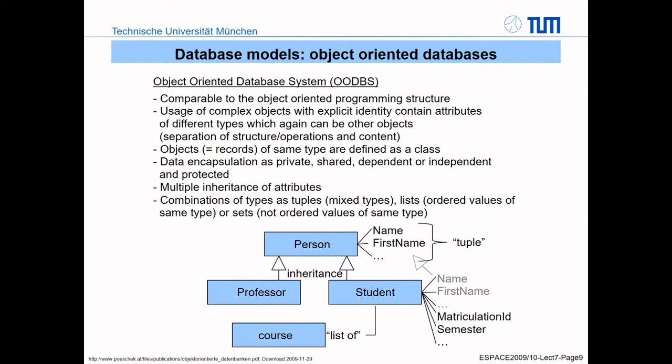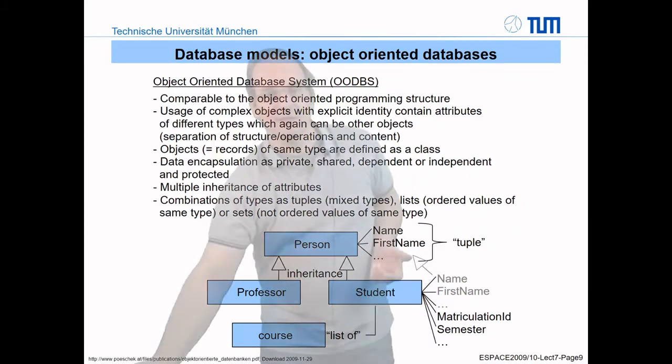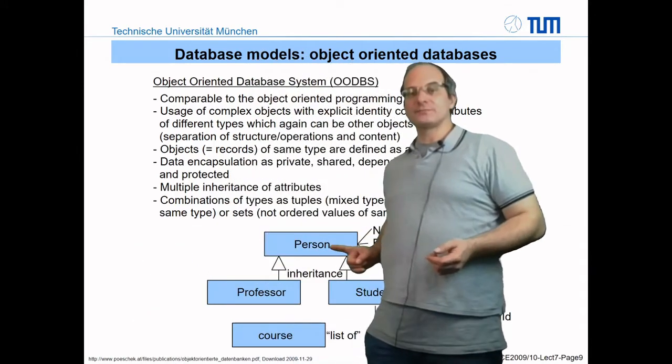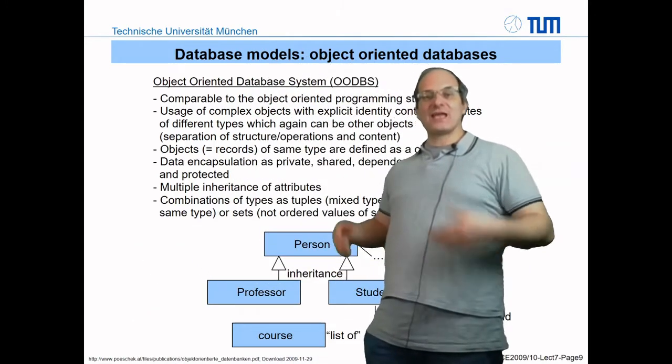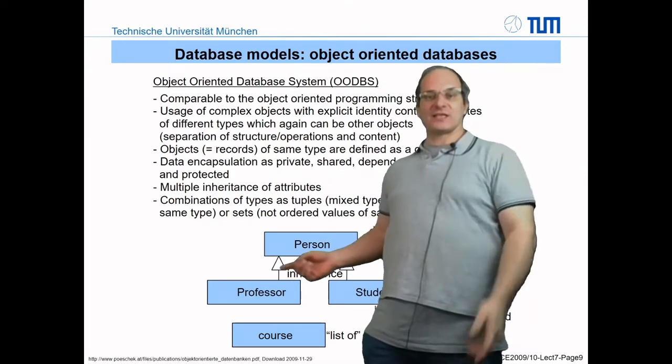What you do is you try to find generalizations. So you have a table which is the generalization, and then you inherit the information from there. For example, you have a table for person. Person has a name, family name, things like that.